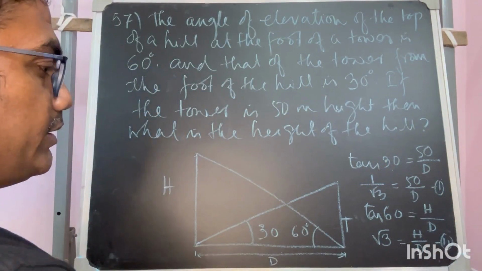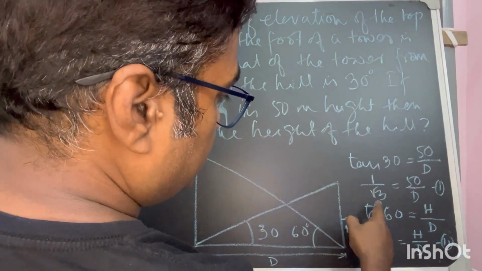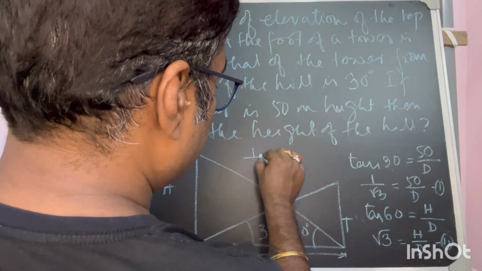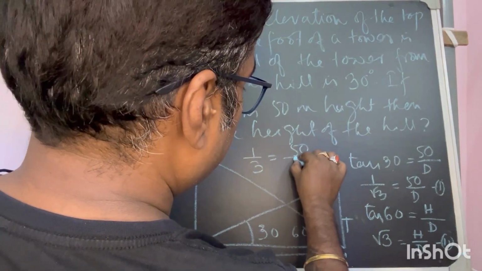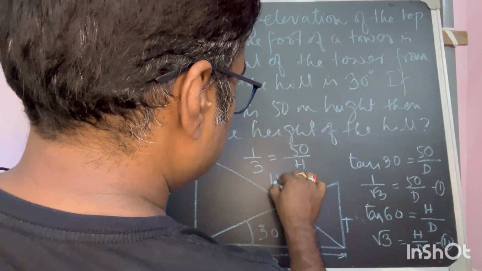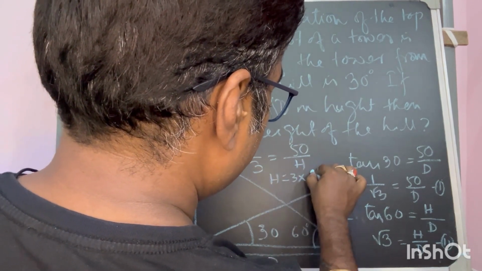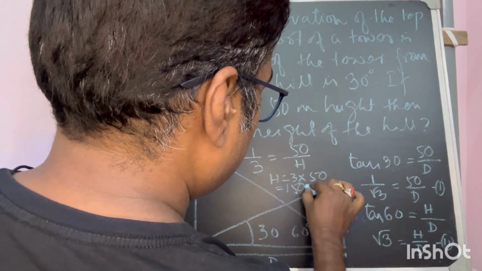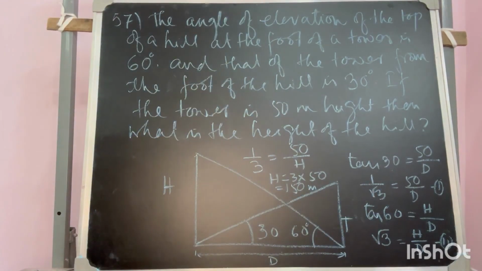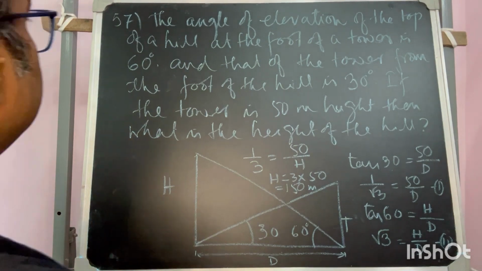If I divide these two, 1 by root 3 by root 3, that means 1 by 3, and this is 50 by h. So h is equal to 3 times the height of the tower, that is equal to 150 meter. That is your answer. Okay.